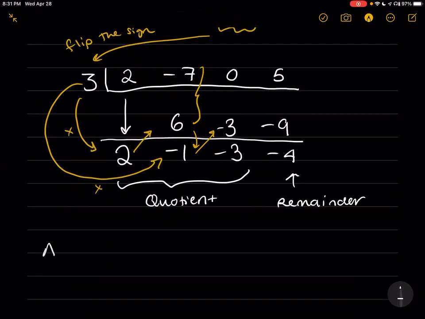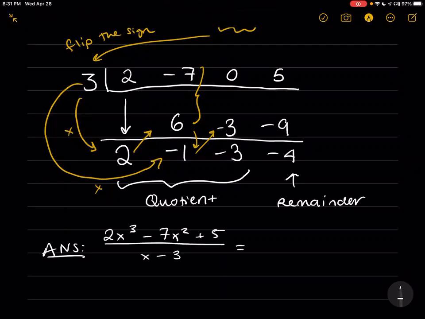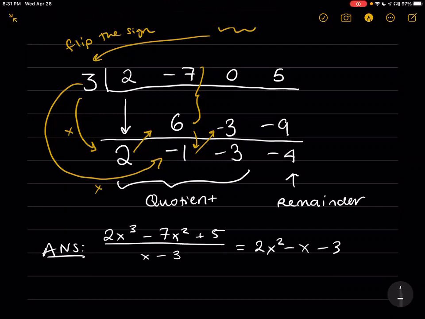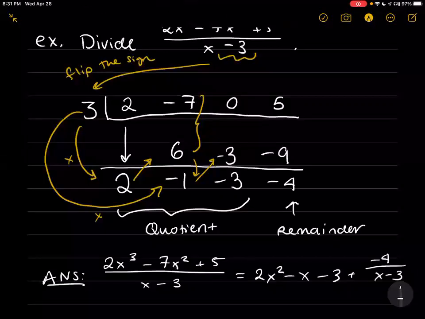And so the answer that we can divine from this is that if we divide 2x to the third minus 7x squared plus 5 by x minus 3, the answer is going to be 2x squared, that's the 2 up there, minus x, that's the minus 1, and then minus 3 from the negative 3, and then plus the negative 4 over our divisor, which was x minus 3. Okay, if that was confusing to you, don't worry. You don't have to know synthetic division.